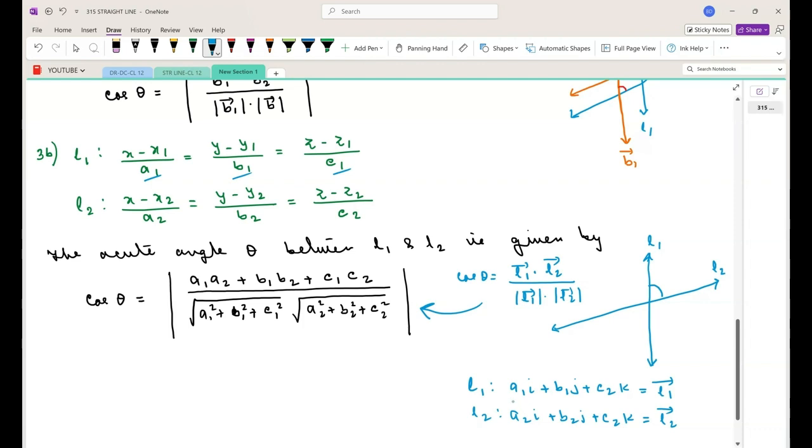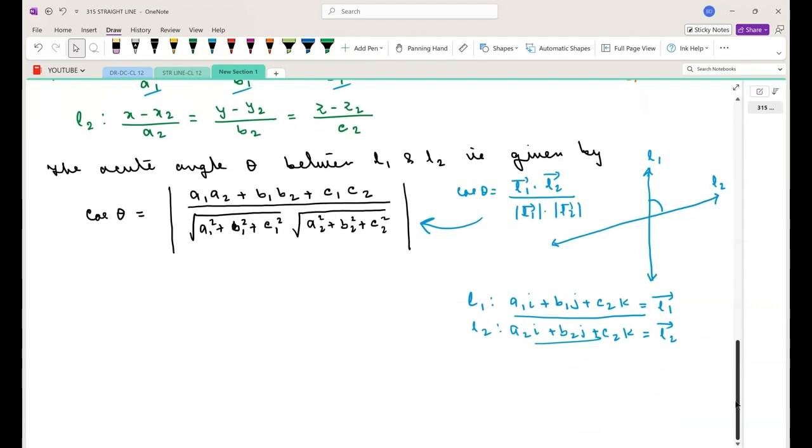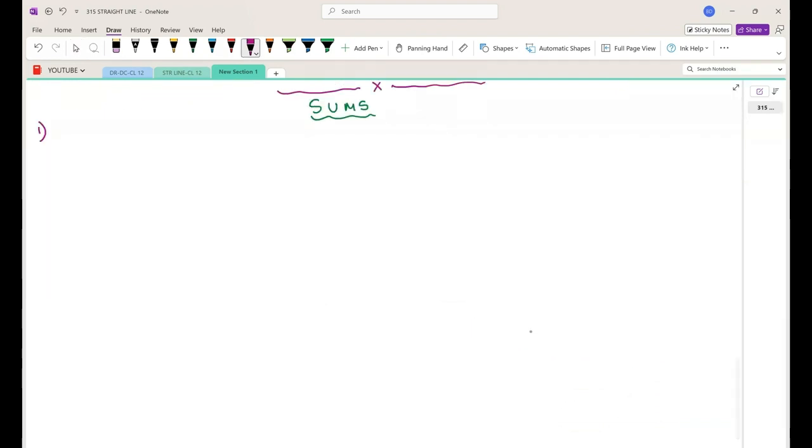If you take these two vectors L1, L2, do the dot product, you will get the numerator, and mod L1, mod L2 will give you the denominator. So this is nothing new actually. What you have done in vector, same thing here. So more or less, this is the first part of the theory that you need. So in the next portion, we'll do some sums. Okay, so let's start with the sums.